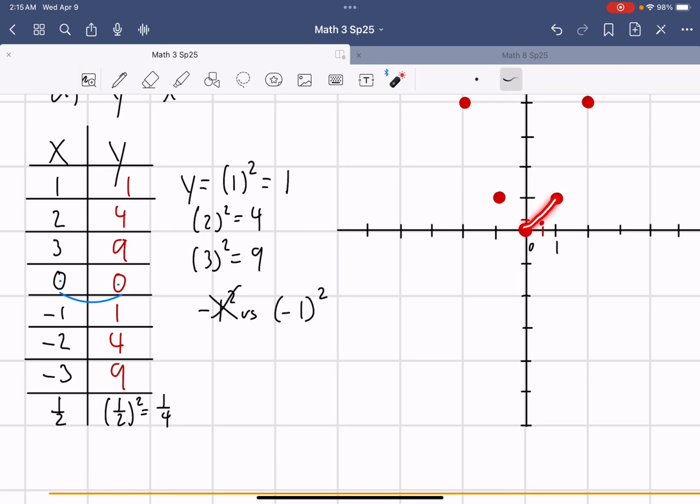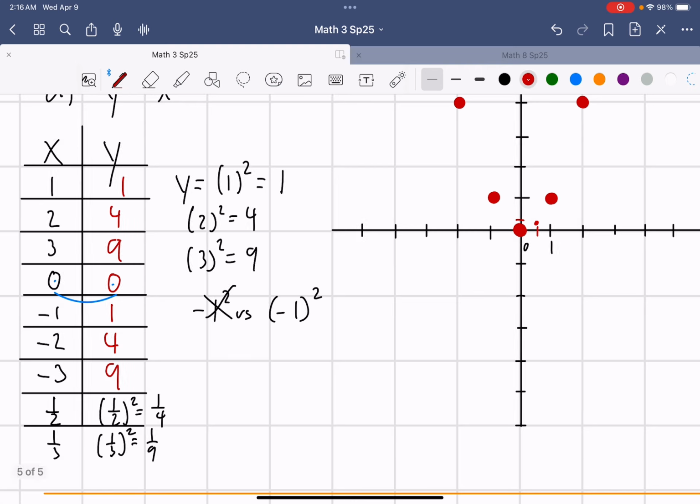And it's not just a little curve. It looks like there's a substantial amount of curve. If I'm going to get to this point to the next point, it's definitely more curvy. I can even go one step further and see, well, what does it look like if I were to do 1/3? 1/3 squared will give me 1/9.